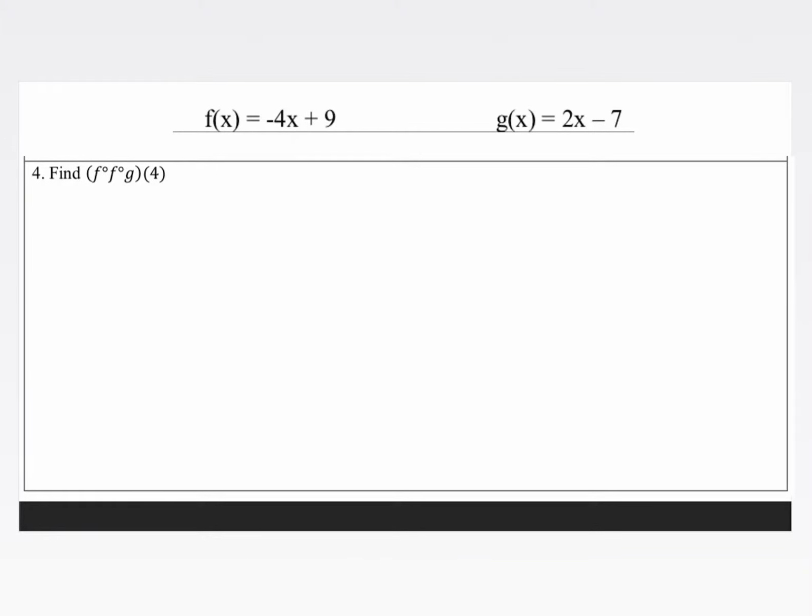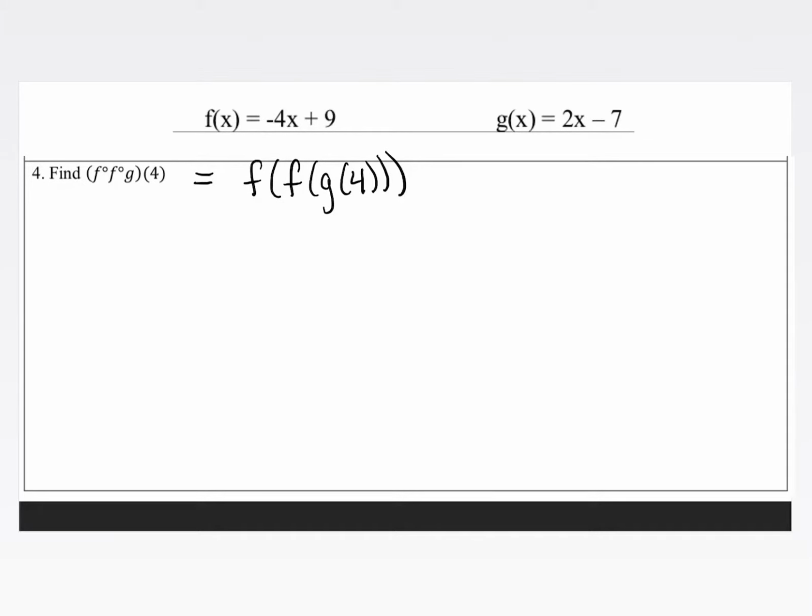We're going to first start off, again, we have that same problem, f of g of 4. But in terms of layering our functions here, we're going to work from the outside in. So we're not going to simplify from the inside out, but we're going to lay it out from the outside in.